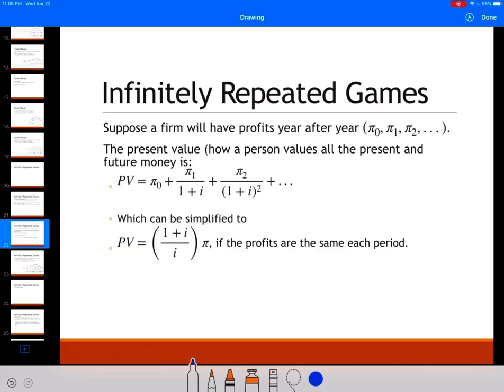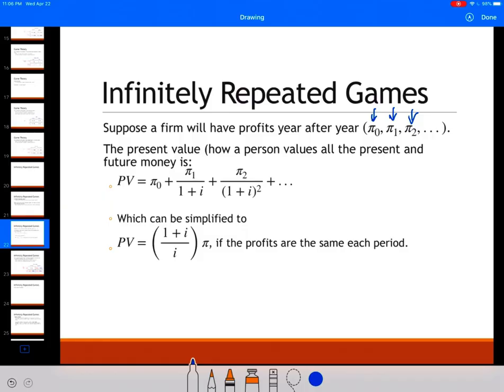And to keep it simple and to make the math simple, we're going to assume each time they compete, the profits are about the same each time. That is, the profits I'm making every quarter are generally about the same. Now, in the real world, these fluctuate, but to make the way we work through these problems easier, it's helpful just to assume the profit is the same each period, okay?